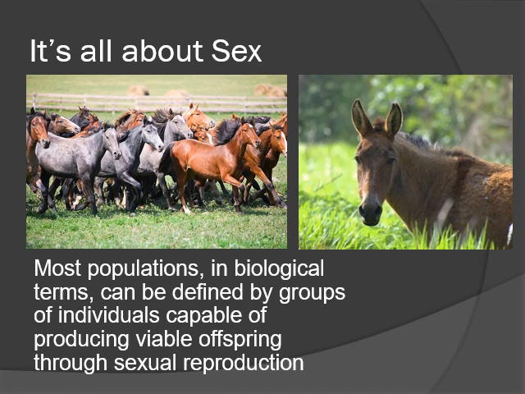What happens when a horse mates with a donkey? You get a mule. Can a mule mate? Well, it can mate. Can it produce an offspring? No. So even if horses and donkeys are in the same area, they are not a population because they can't produce fertile offspring. We're defining the population not just by whether you are in the same place at the same time, but also whether you can produce fertile offspring.